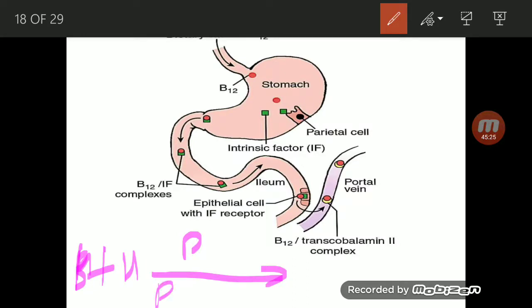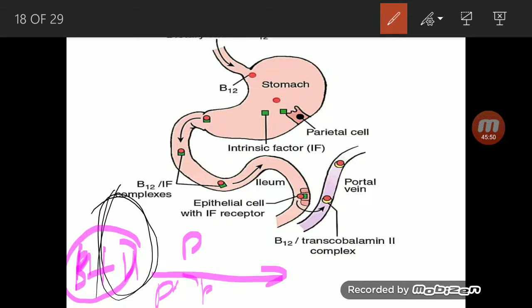There is action on this protein by pancreatic proteases. Your pancreatic proteases is going to act on this complex, that is your vitamin B12 and heptachlorine complex. These pancreatic proteases break off the bond between them, so you get your separate vitamin B12.